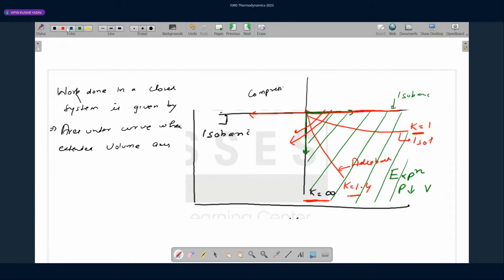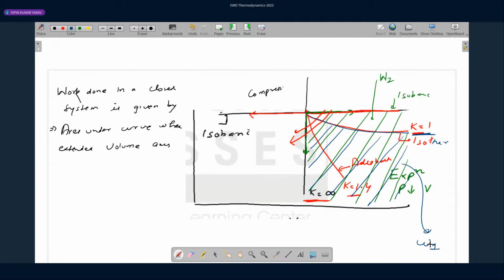So this all green area is your W2. Okay, isobaric. How about the area under isothermal? So this blue, so this is your isothermal curve, and all this blue area is your W1.